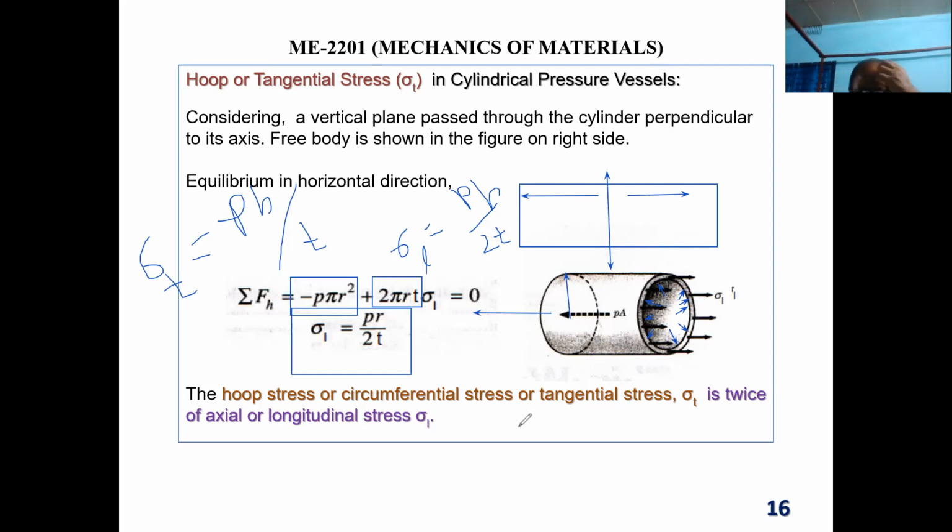So in the exam, for 2 pi r, if you want, you can express in terms of D, because both one you multiply by sigma L. If you multiply by 2r, then you get P into D divided by 4T.